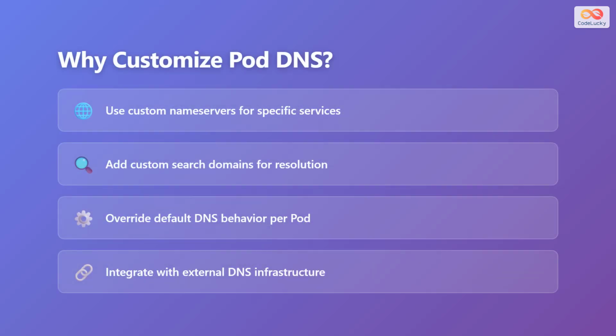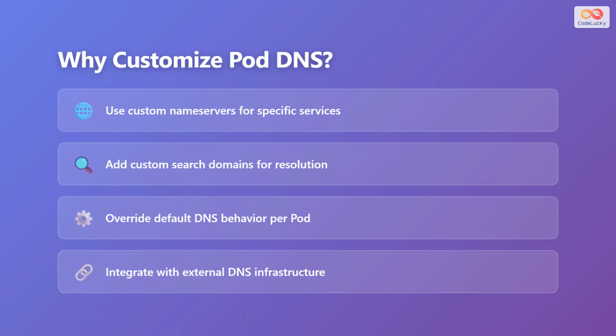Let's start by understanding why you might need to customize DNS configuration for your pods. There are several important use cases. First, you may want to use custom name servers for specific services, especially when integrating with external DNS infrastructure. Second, you can add custom search domains to simplify DNS resolution by allowing shorter hostname lookups.